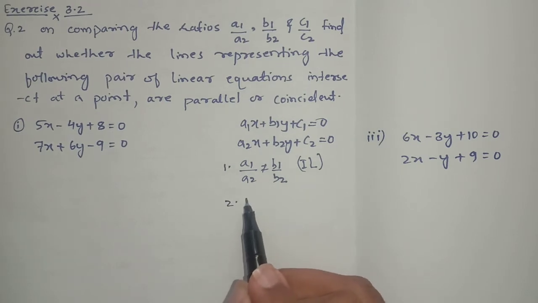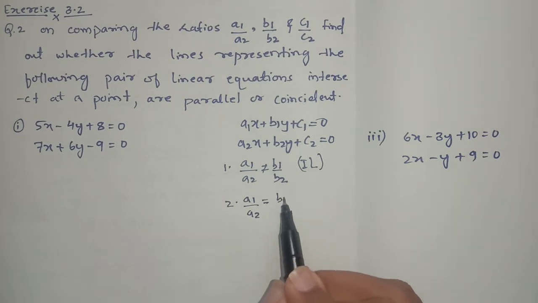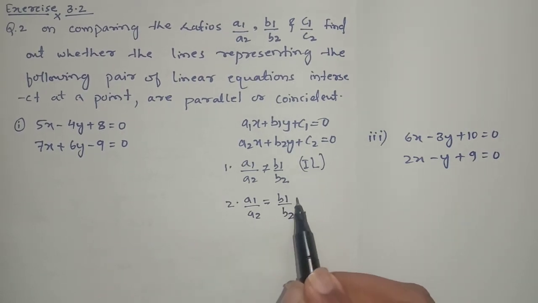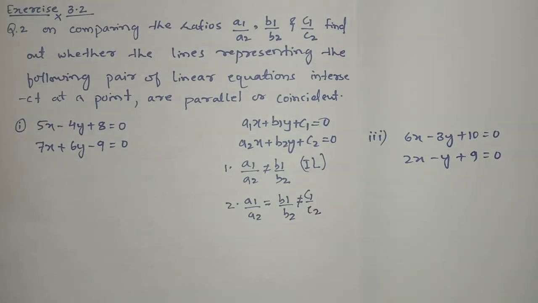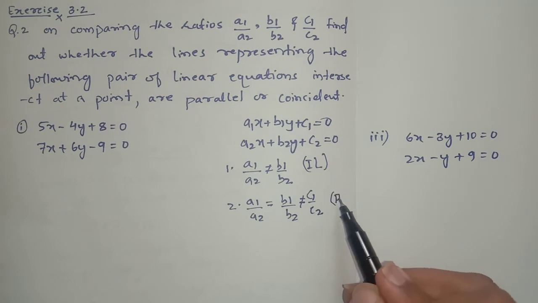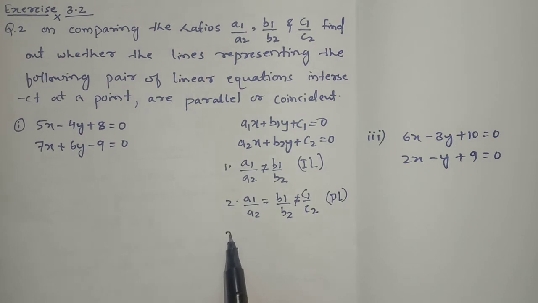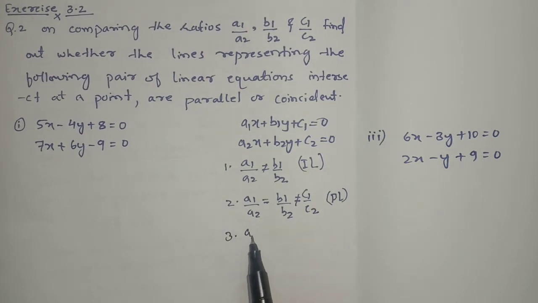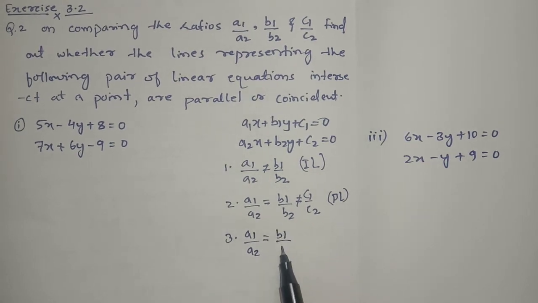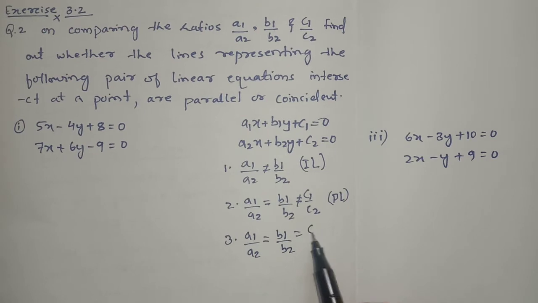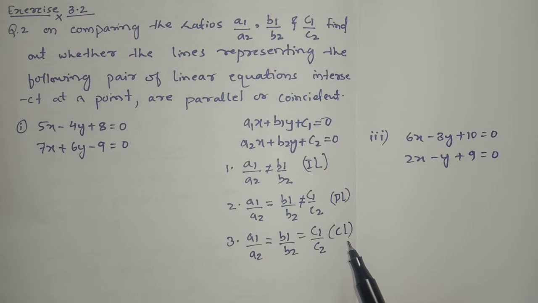Second, if a1 by a2 is equal to b1 by b2 is not equal to c1 by c2, then lines are parallel lines. Third, if a1 by a2 is equal to b1 by b2 is equal to c1 by c2, then lines are coincident lines.